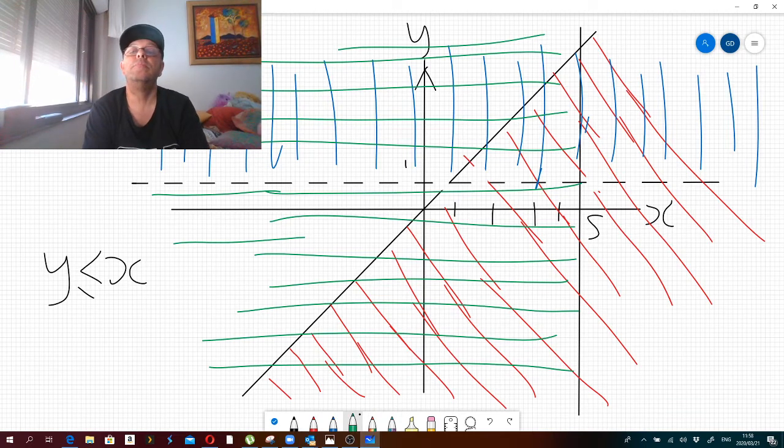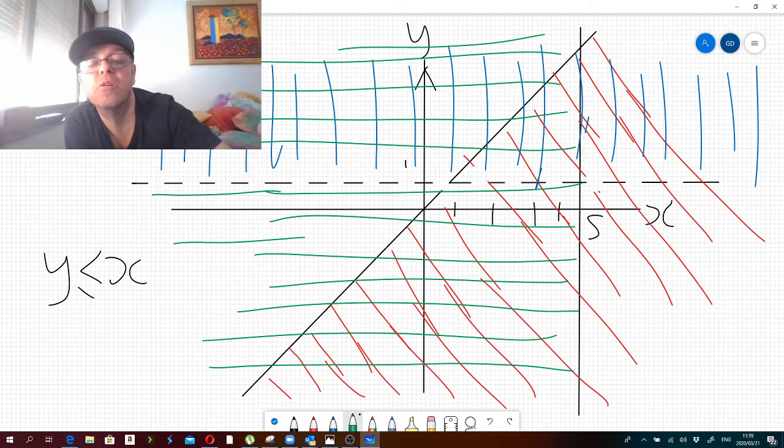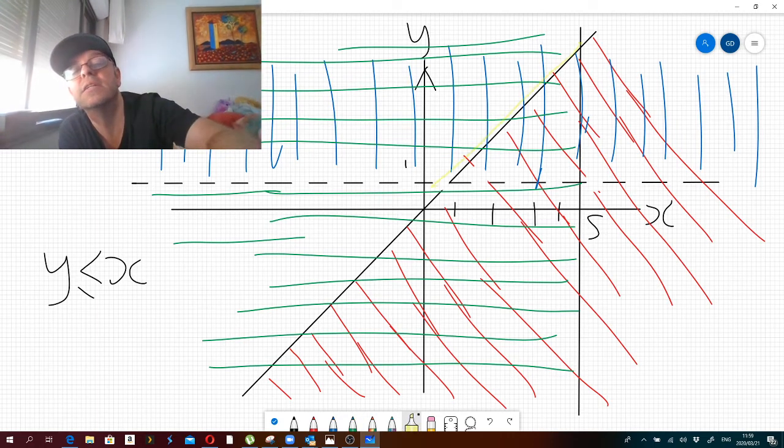Now, if you see what we've got here, there's only one place on the graph where there is red, blue, and green shading. And that is, and I'm going to use a highlighter to mark it, this triangle over here.